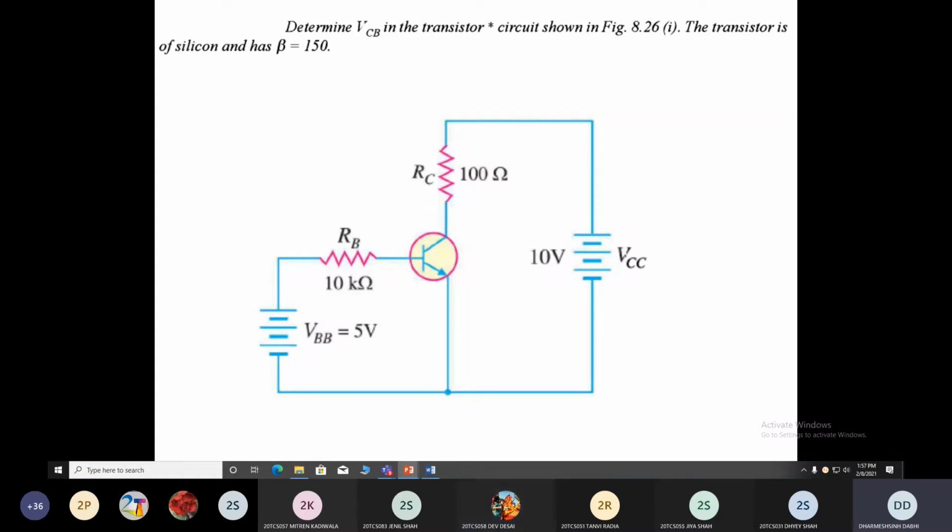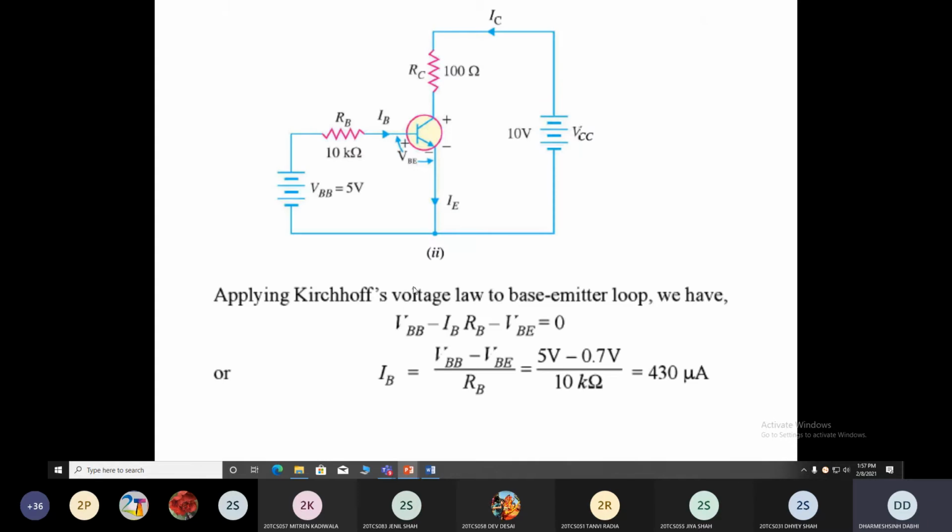Yes, very good. VBB equals IB into RB plus the voltage across the B and E terminals, which is 0.7. So IB equals VBB minus VBE divided by RB, and you get 430 microampere.